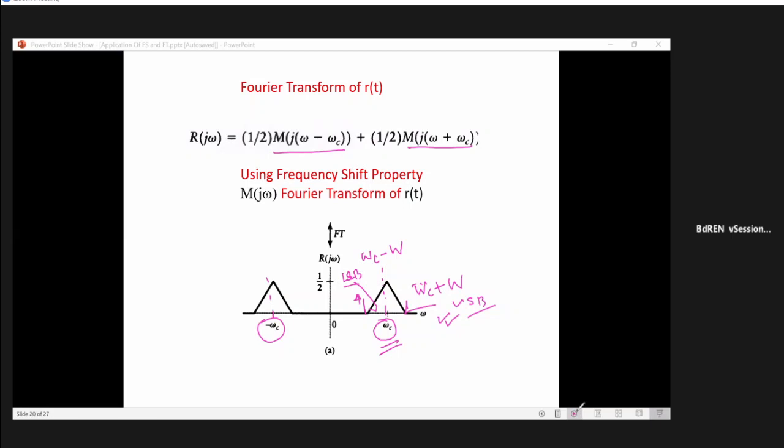How is demodulation performed? That is called heterodyning. What you need to do is use another carrier with the same frequency. You have to generate it at the receiver, and again you multiply your received signal with that carrier. Then your spectrum will again come back.